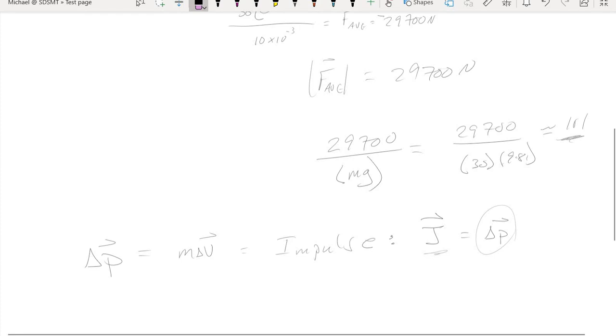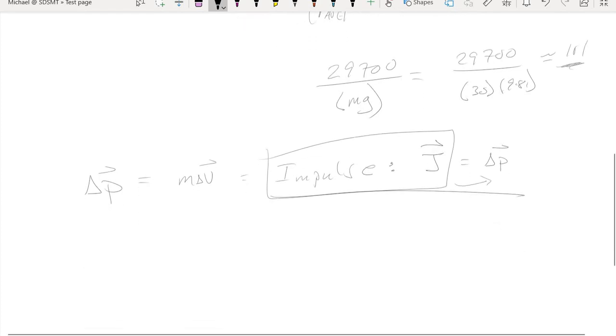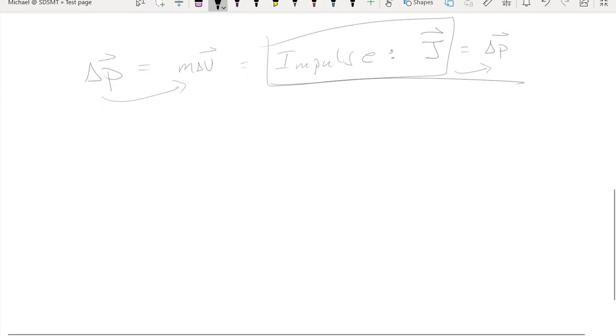But this does show up in the book, and so you'll see the word impulse. You'll see the letter J as a vector. So we need to be aware of what that means and prepared to deal with it. I would just say, take that for what it's worth and rewrite it as delta P, and then you can rewrite delta P as m delta v, and all will be good.